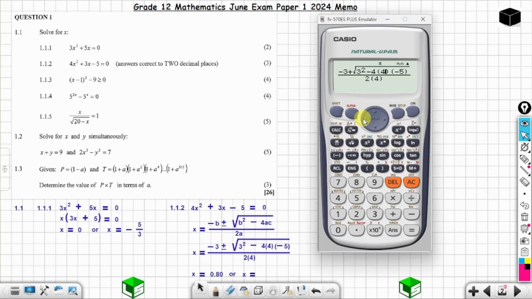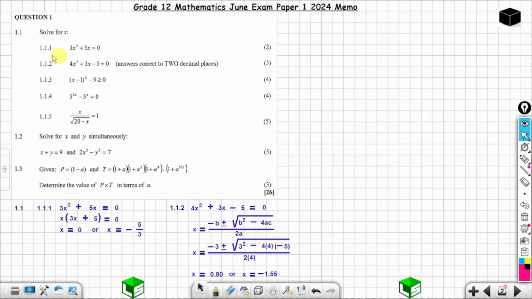Let me change to minus. Okay, minus. You have negative 1.55. Okay, so always check your answers. Make sure the left side is equal to the right side. Okay, let's move on.